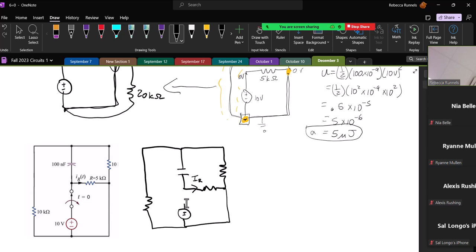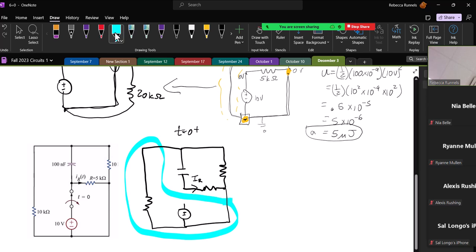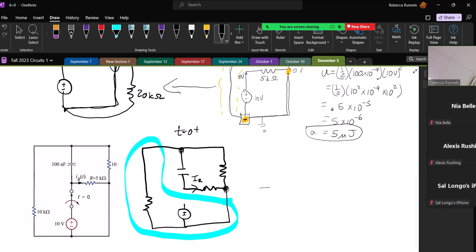I have that. I was just showing with the zeros, this is t equals 0 plus. Like I was just showing with the circuit up above, if you think about taking this part right here and just picking it up out of the page and folding it over, notice it's connected to the rest of the circuit here and here, and so we can draw this.